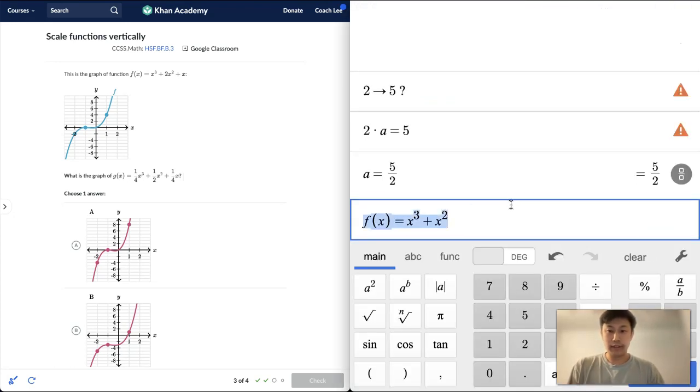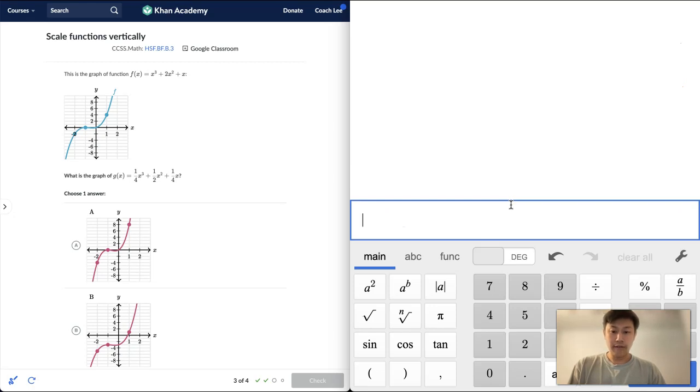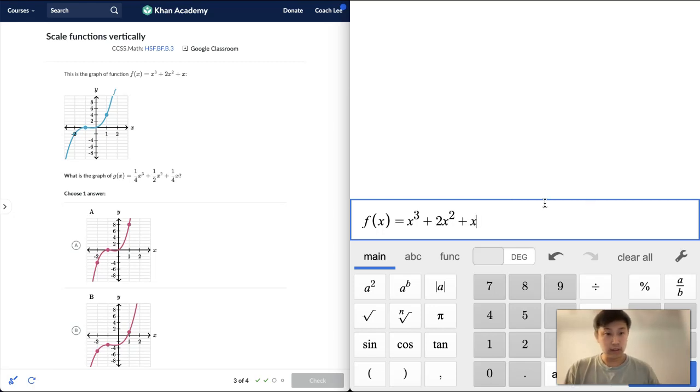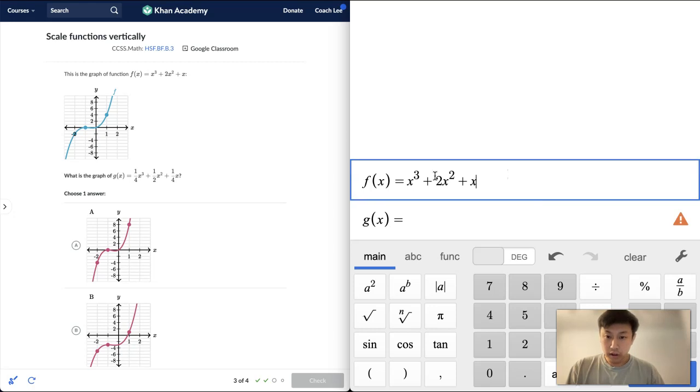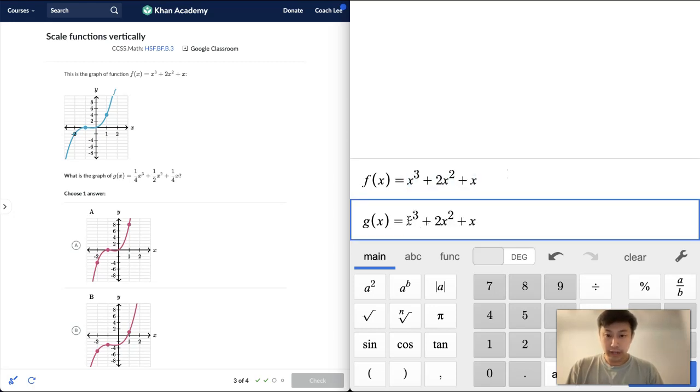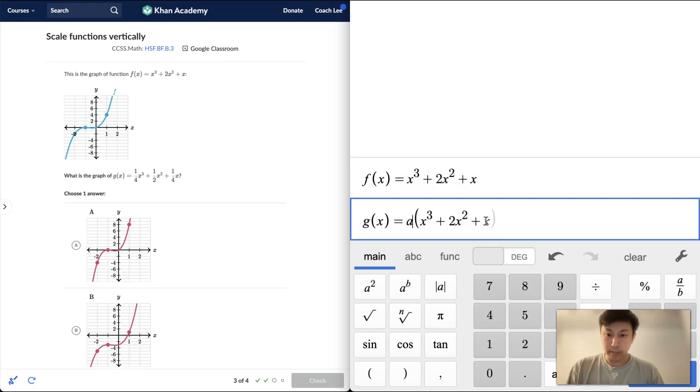Let's erase all this. So f of x is x cubed plus 2x squared plus x, okay? And then g of x is going to be all of this f of x multiplied by some a value, right?